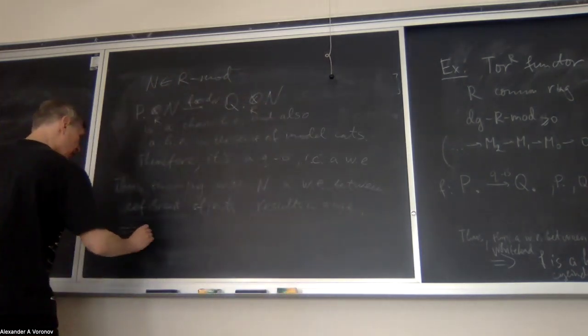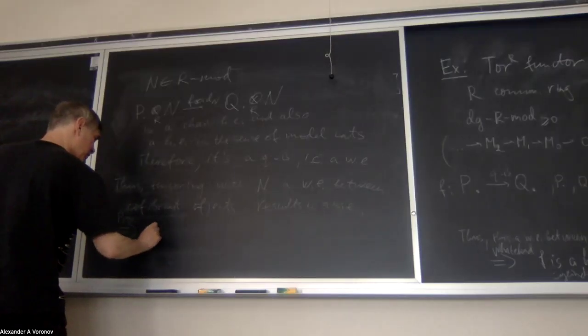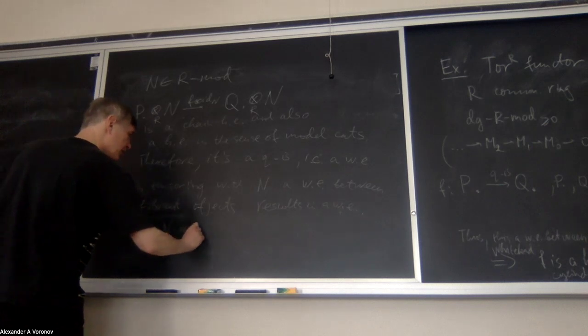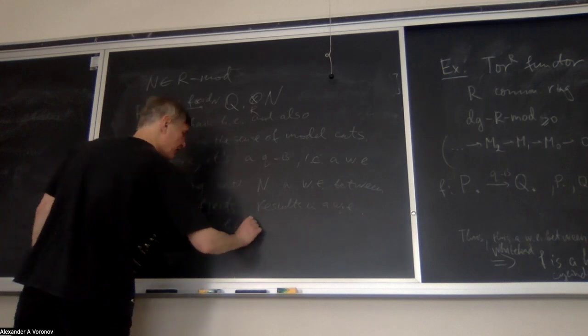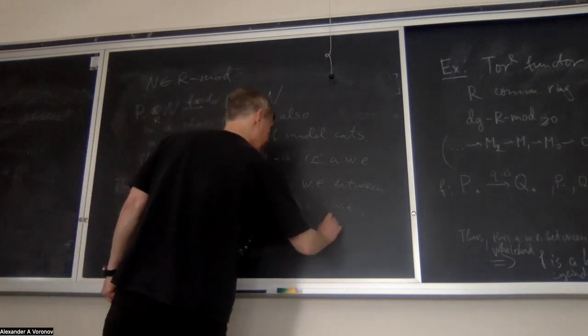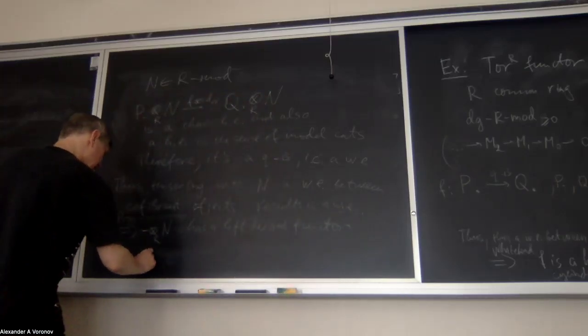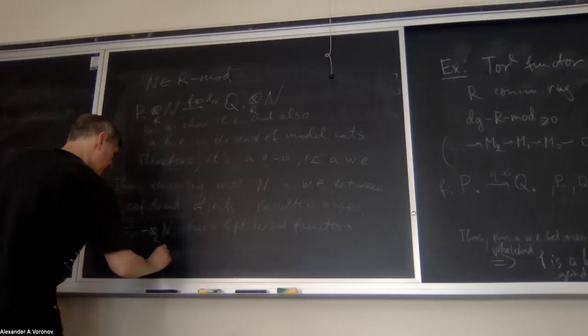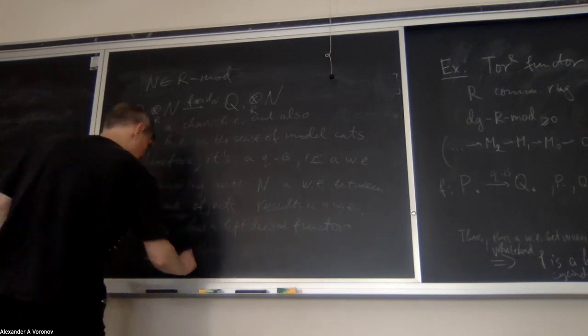Therefore, by the previous proposition, this functor, tensor over R with M, may be left derived, as the left derived functor. This is tensor L of M and X.